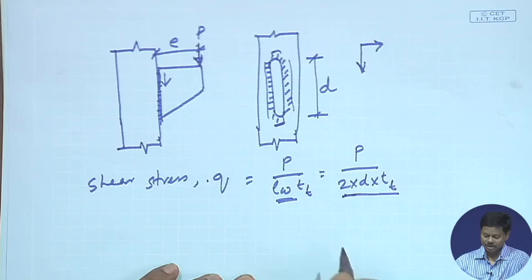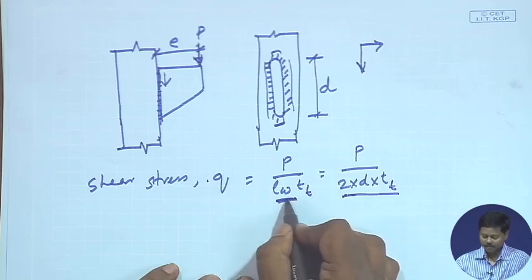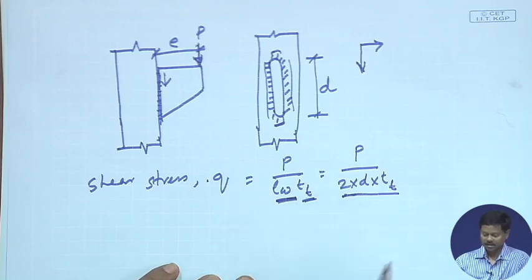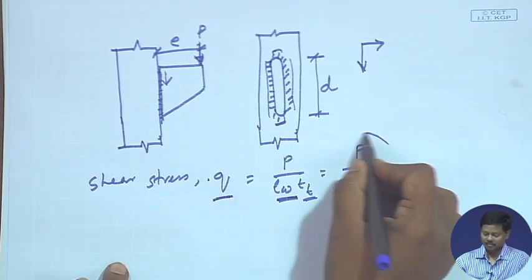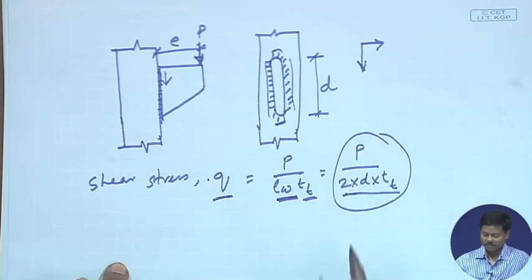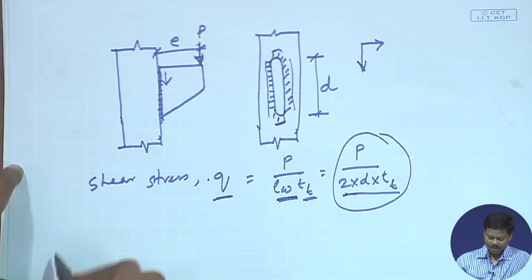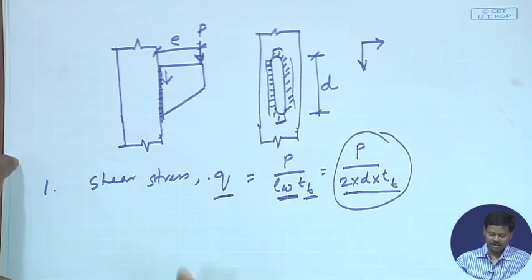So Lw is the effective weld length and tt is the effective throat thickness. So q, the shear stress, we can find out from this formula, that is P by 2 D into tt.